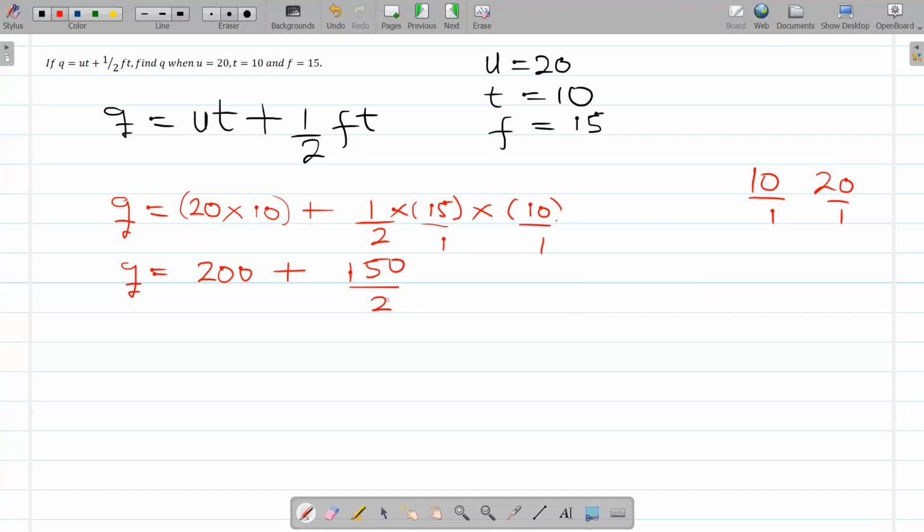2. So we need to finish with this first, break it down further. So 150 divided by 2. What are we going to get? We are going to get 75. That is it. So our Q now will be equal to 200 plus 75.